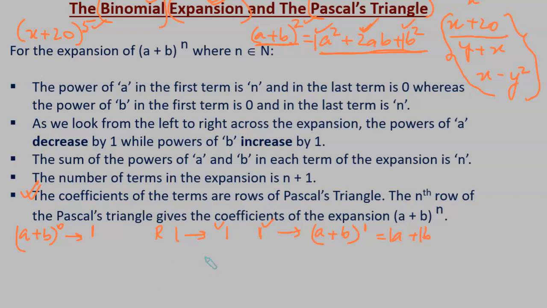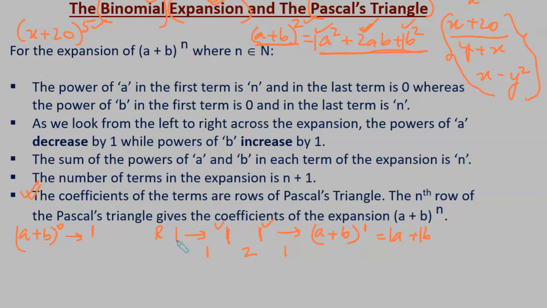What is row number 2? Always the Pascal's triangle will start with 1 and end with 1. So the starting number is 1, and the middle numbers will be obtained by adding the two numbers immediately above in the row that we are now writing. So 1 plus 1 is 2, and then the ending number will be 1. For row 1, you see there are two numbers.